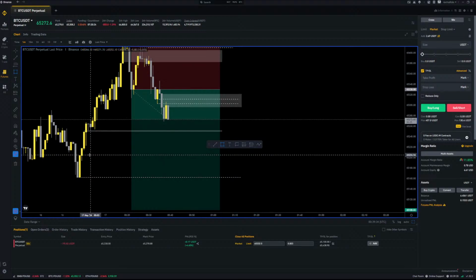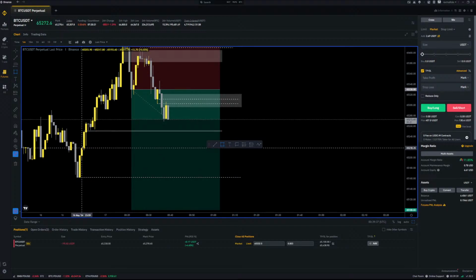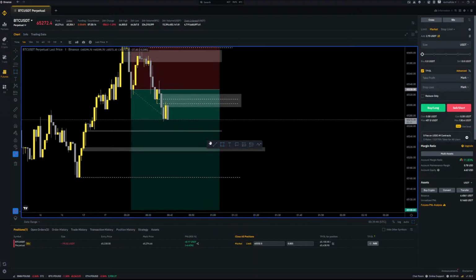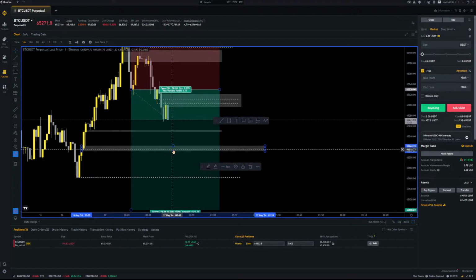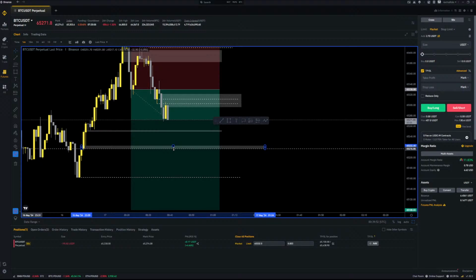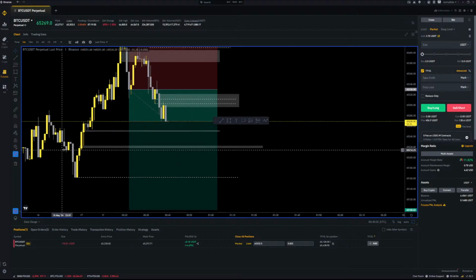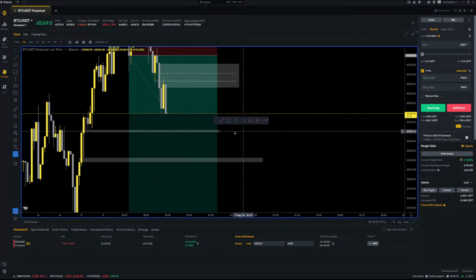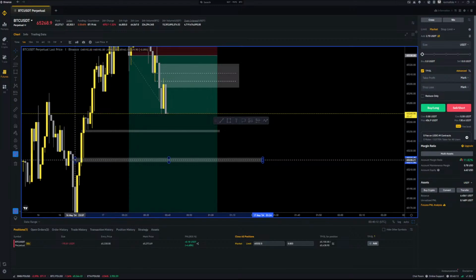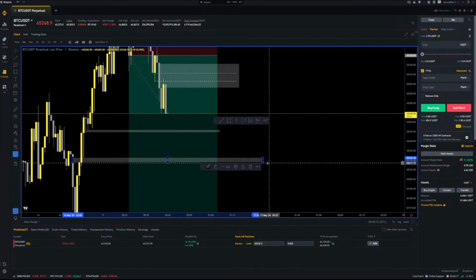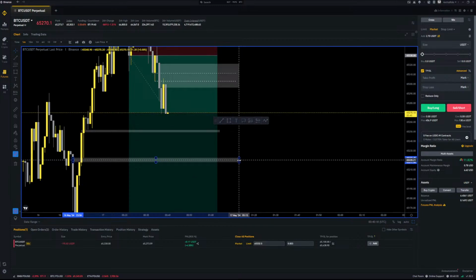Also, there is an imbalance right here. And there are millions of imbalances, and if you look closely, this is like a BPR, overlapping PD arrays, something kind of beautiful.